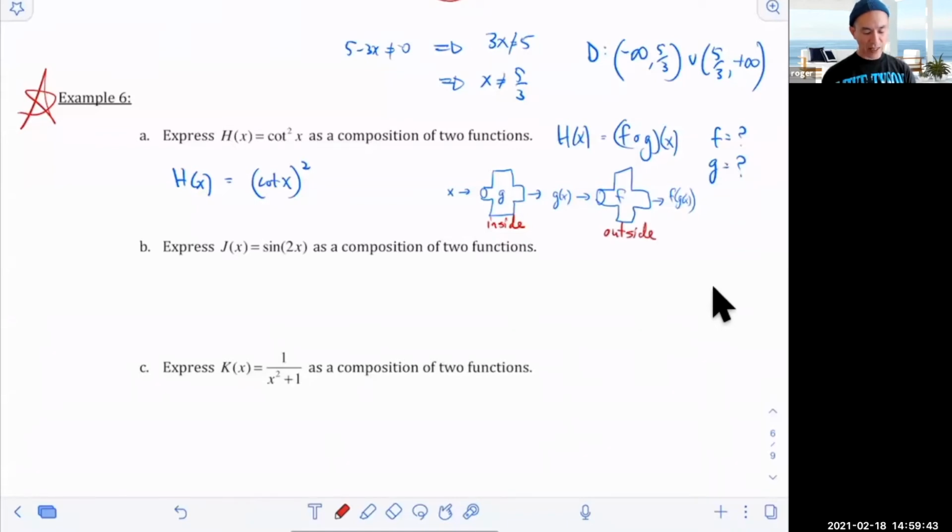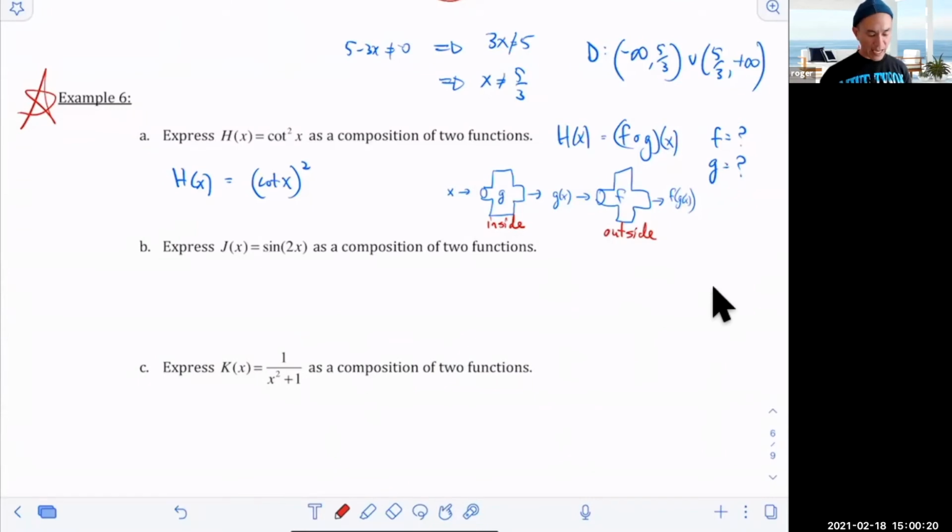The reason why I call G the inside function is because we plug G into the independent variable of F. So when I look at H of X like this, I need to see something on the inside and something on the outside. Visually, I can see squaring and I see cotangent, but the squaring literally looks like it's outside and the inside looks like it's going to be cotangent.